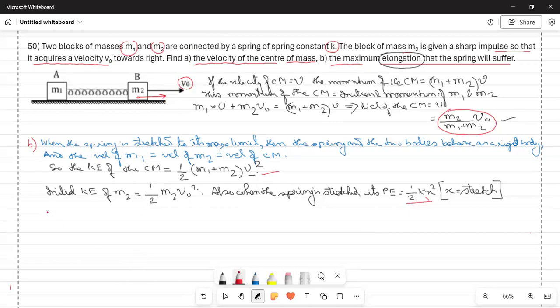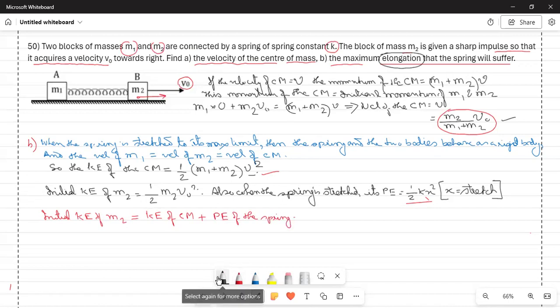So we can write here, initial kinetic energy of M2 is equal to kinetic energy of the center of mass plus potential energy of the spring, because there is no other source of energy. So what we get?